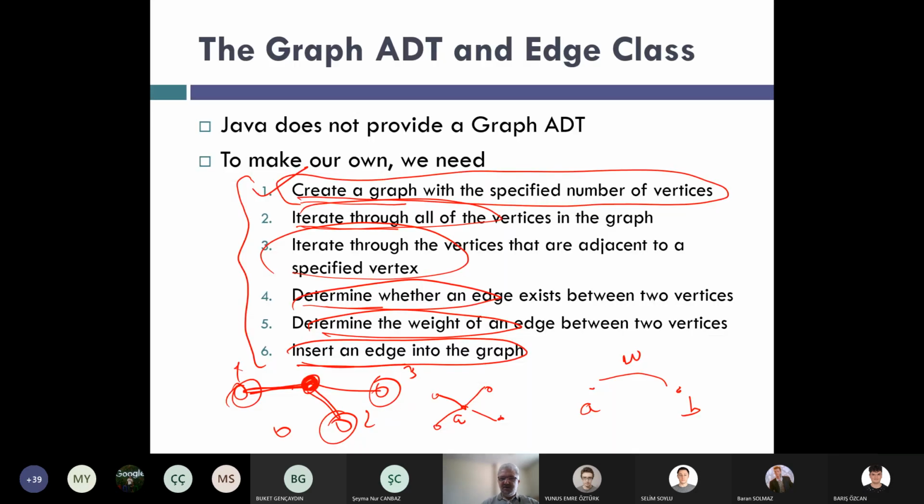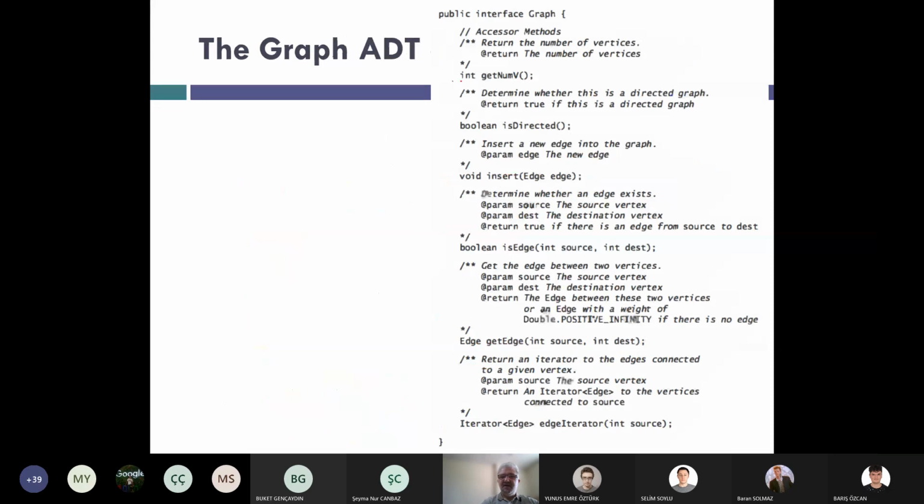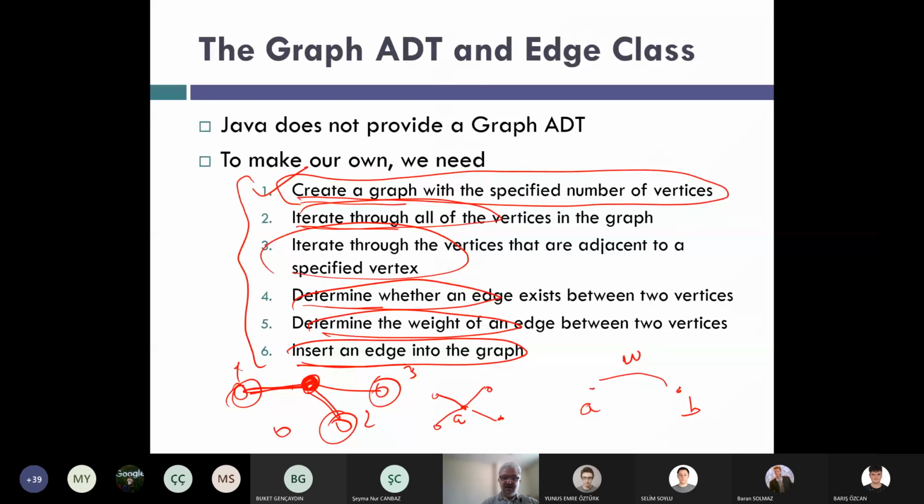But for example, we have an edge iterator method to iterate through the adjacent vertices to this source. So that is 5, right? No, not 5, 3, right? 3.